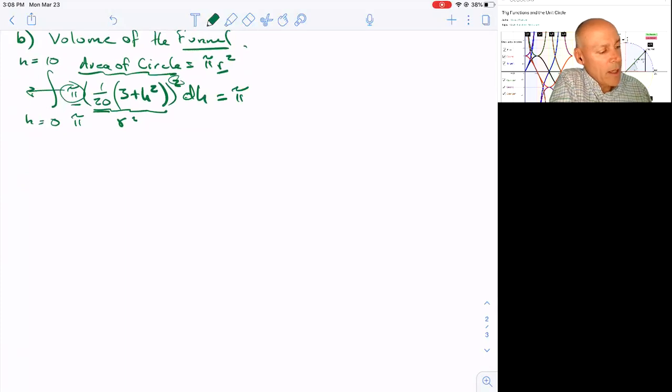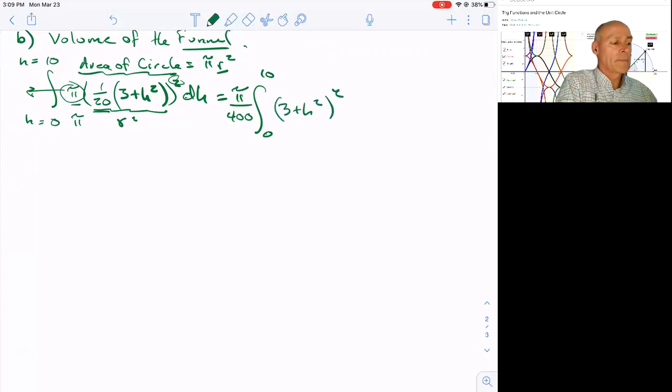So that's going to be 1/400th. Just going to park that underneath the pi. So then what we have left inside our integral from 0 to 10 is just the 3 plus h squared, squared.